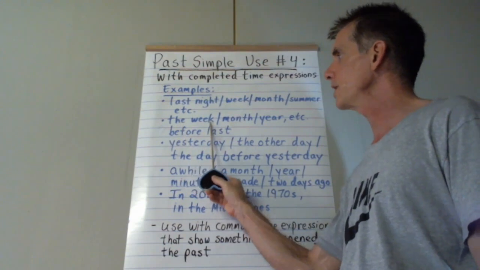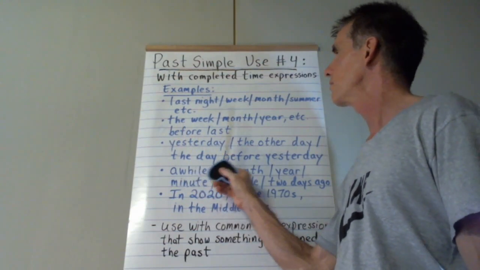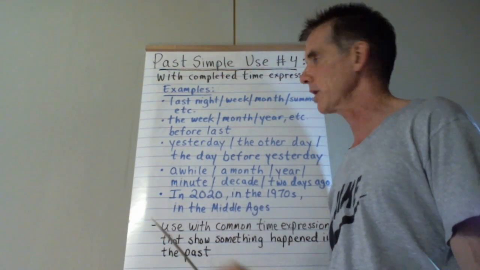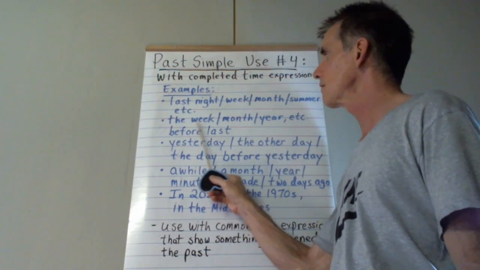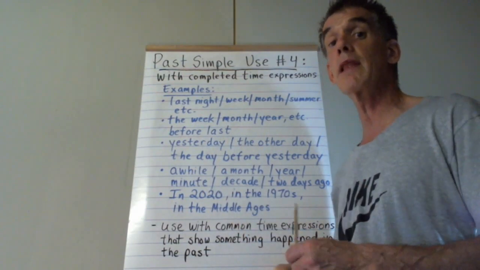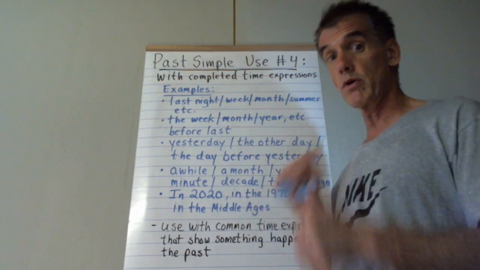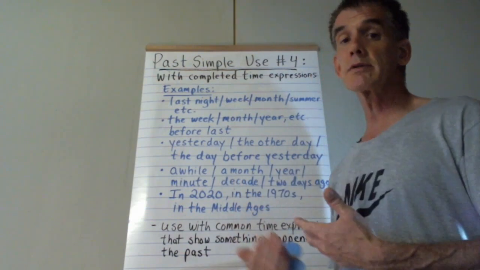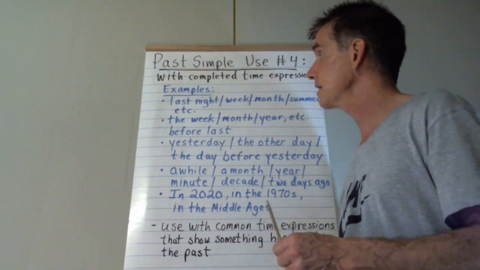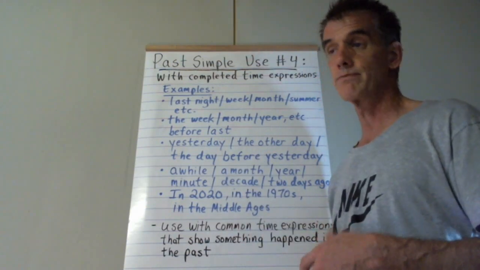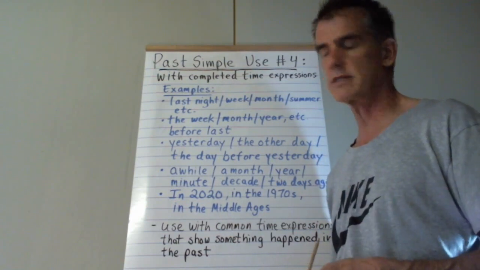The next one: the week, the month, the year, etc., before last. Or the day before last. So you're talking about something that happened in the past, using week, month, year, whatever, the weekend before last, something like that.